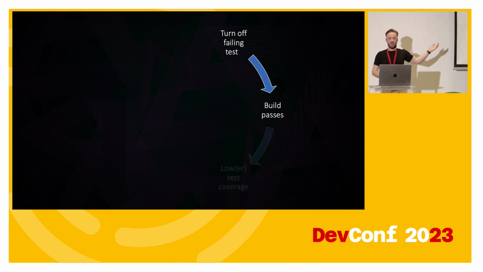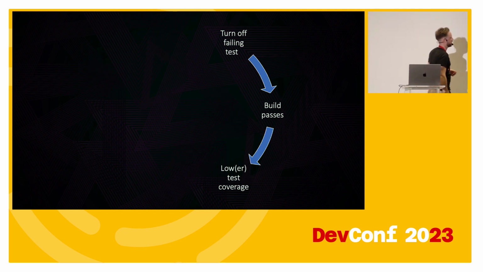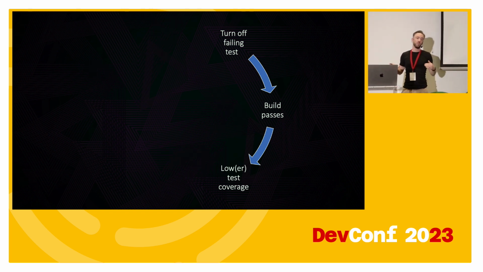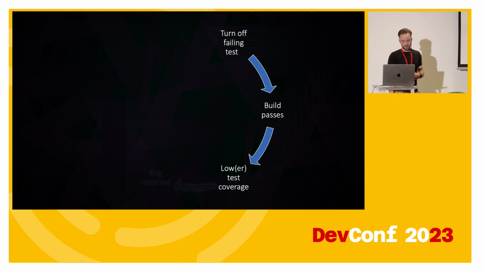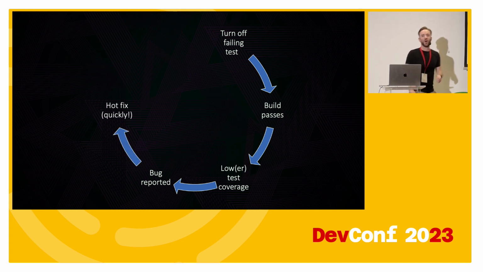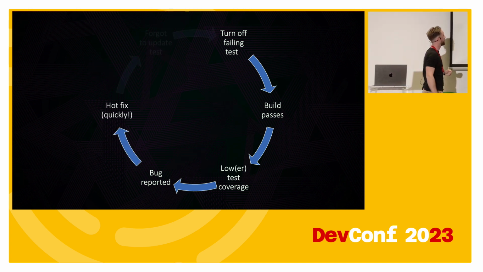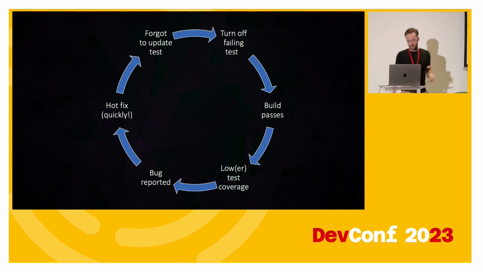And if you don't do that, you get this cycle. You get into a lower test coverage, and that doesn't necessarily introduce more bugs right away, but it maybe will in the long term. You get more bug reports, you get more hot fixes, more flaky tests failing, and we're back where we started. That's a big issue. So it's about a culture thing.